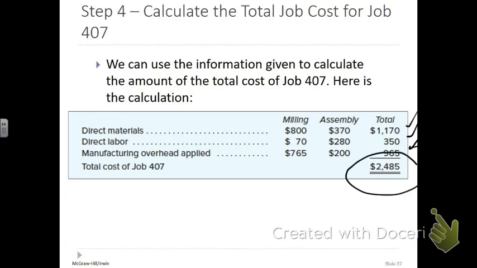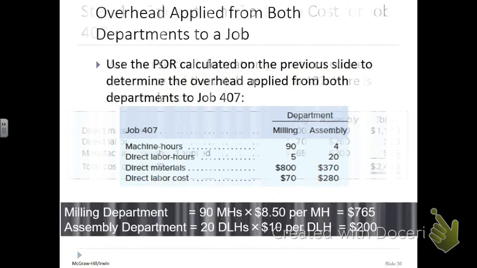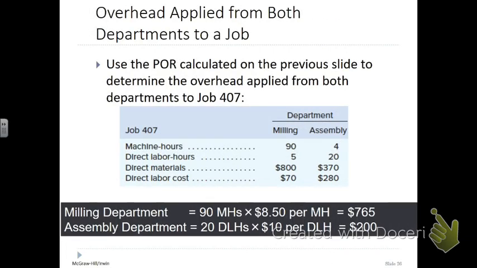Now, just a quick note here: in this particular case, they only took the 90 times the 8.50 and the 20 times 10. There may be some situations, which we're going to see later on, where we may multiply those out, especially in activity-based costing.